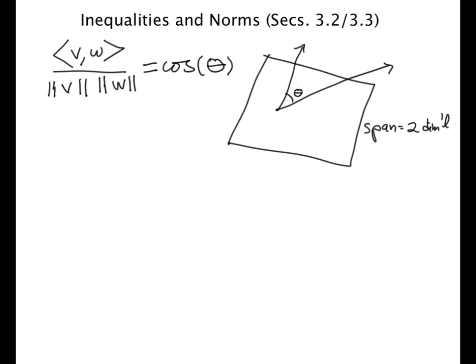But be careful, this is a little warning sign. Even if you're in R2 itself, it's possible that VW is not just V dot W. It could be something else, in which case this notion of angle is not the familiar one.